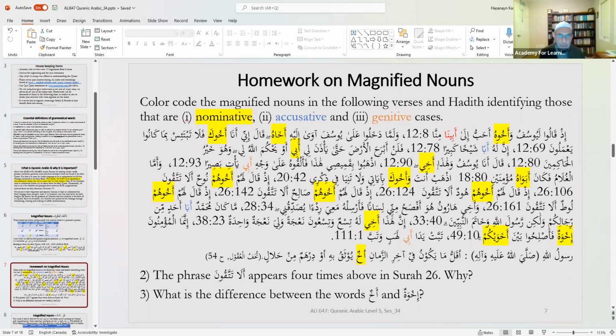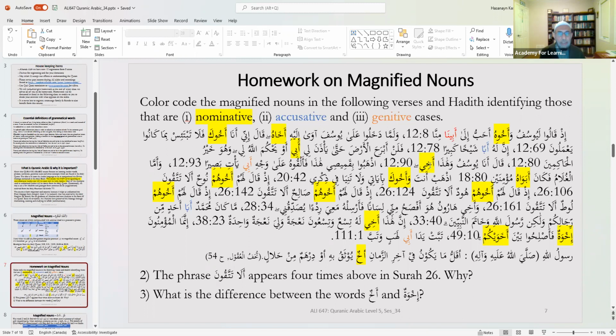So Akhi also is like Yusuf. It is also nominative. It is similar to abi, but there abi is the subject, while here Akhi is just the khabar, mubtada khabar. Ana Yusufu wa hadha akhi. I am Yusuf, and this is my brother. So this Akhi also is nominative. Okay, so this was again tricky.